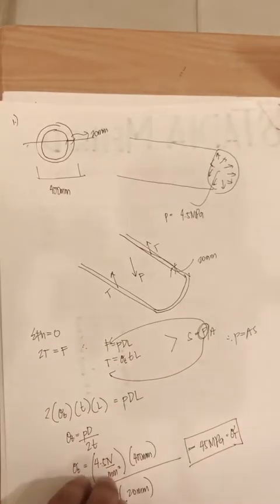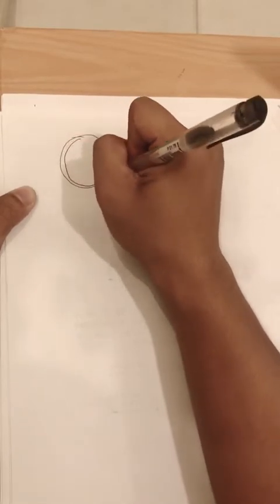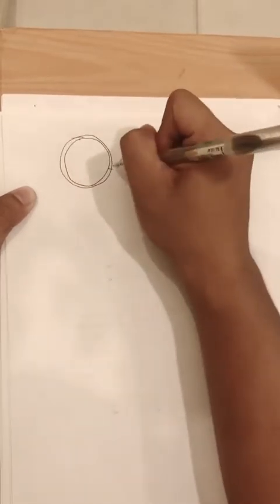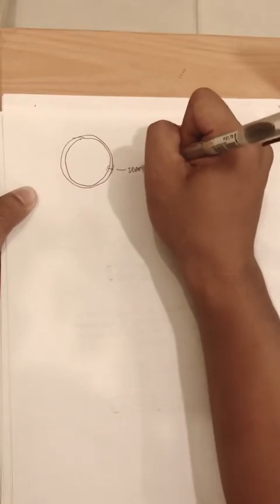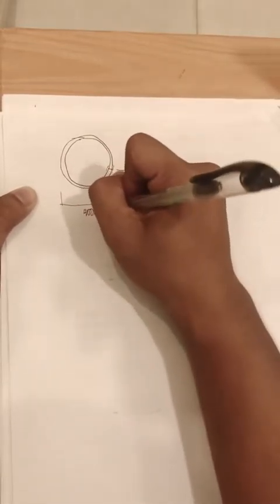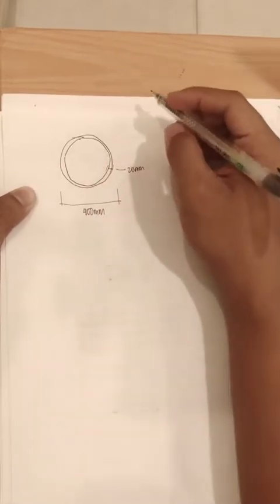Then, next, punta naman tayo sa longitudinal stress. Pwede rin naman direct equation na, however, derive lang natin. For longitudinal, meron kayong cylinder dyan, which has a thickness of 20 mm, and the diameter natin is 400 mm.